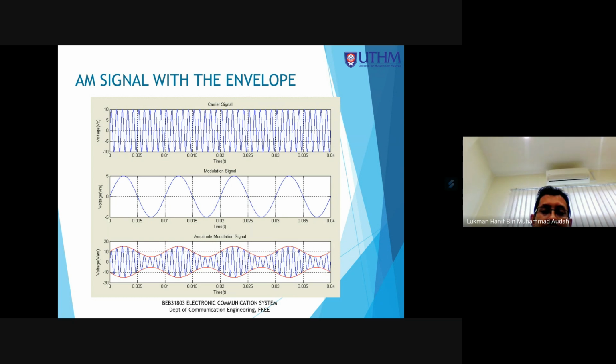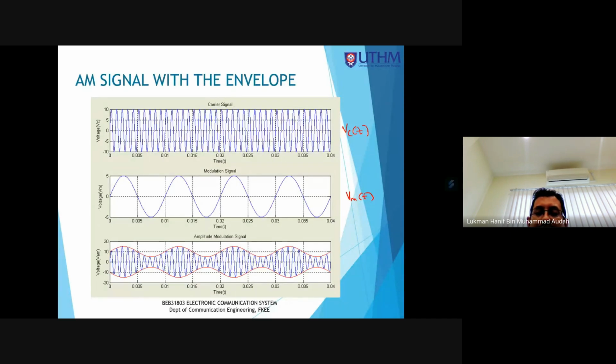How does the output look like? From this graph, the first graph is the carrier, Vc(t), the function of time of the carrier. Then we have the modulating signal or the input signal, Vm(t).